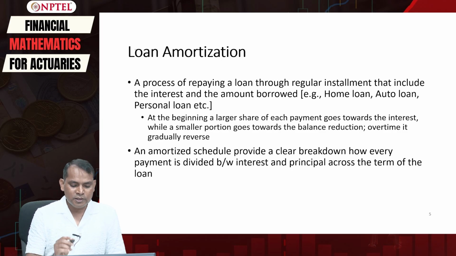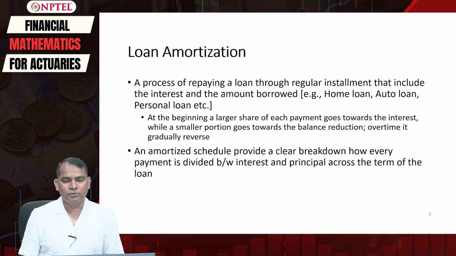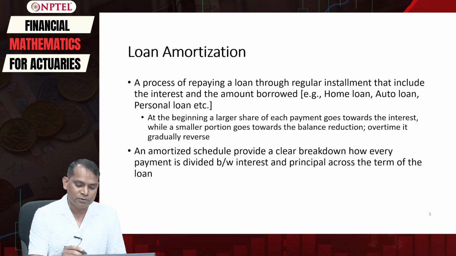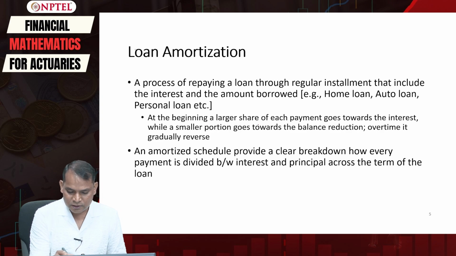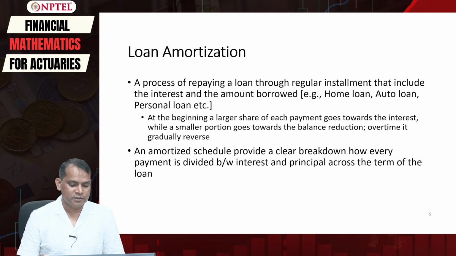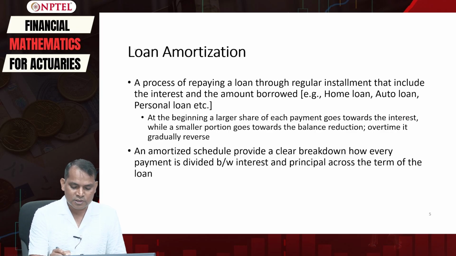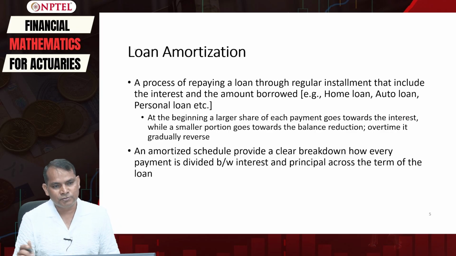So at the beginning, a larger share of each payment goes towards the interest due, while a smaller portion goes towards the balance reduction. We have understood in loan amortization that initially a large share goes toward the interest payment, while a small share goes toward balance reduction.